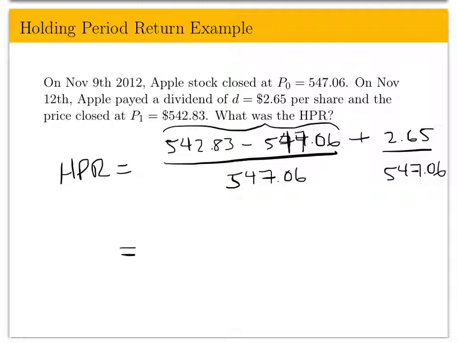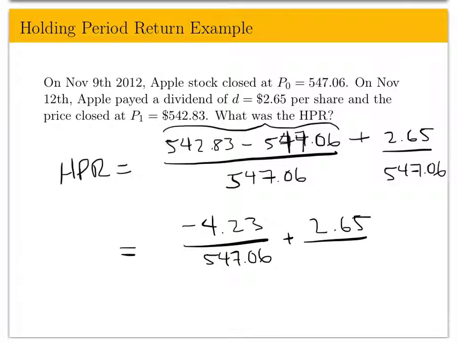So what is the holding period return? Well, if you punch this into a calculator, you see that the capital gains loss is $4.23 on the original investment of 547.06, and you're adding to that the dividend on the original investment.